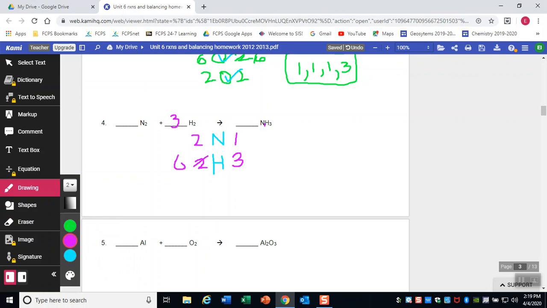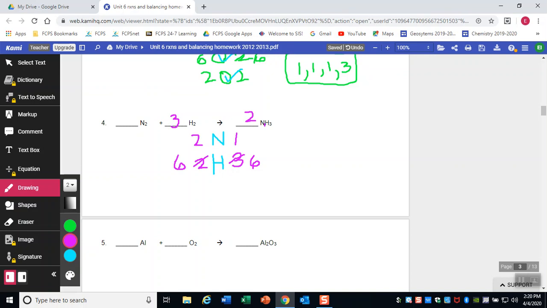I want to have 6, and to get the 6, 2 times 3 is 6. And over here I want 6 as well, and to get 6 hydrogens, 3 times 2 is 6. So now I have 6 hydrogen on the left and 6 on the right.